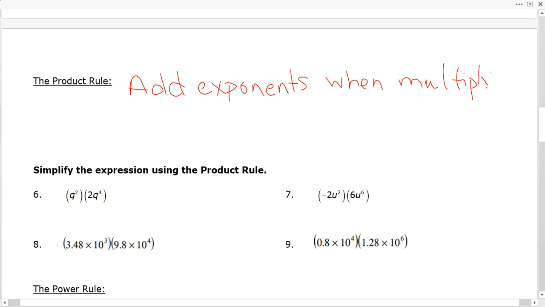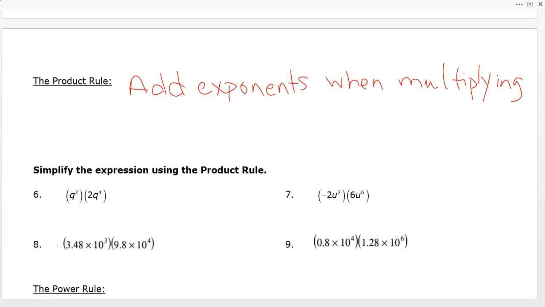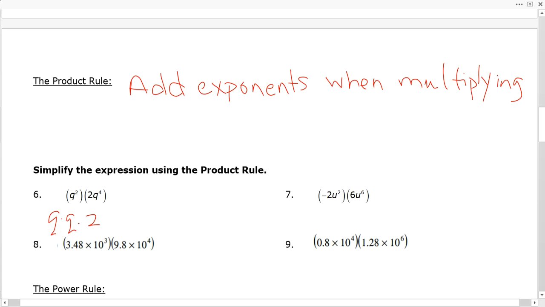Which is kind of weird, but I think we talked about this. If I have q squared times 2 times q to the fourth, well, q squared is q times q, and then I have times 2 times q.